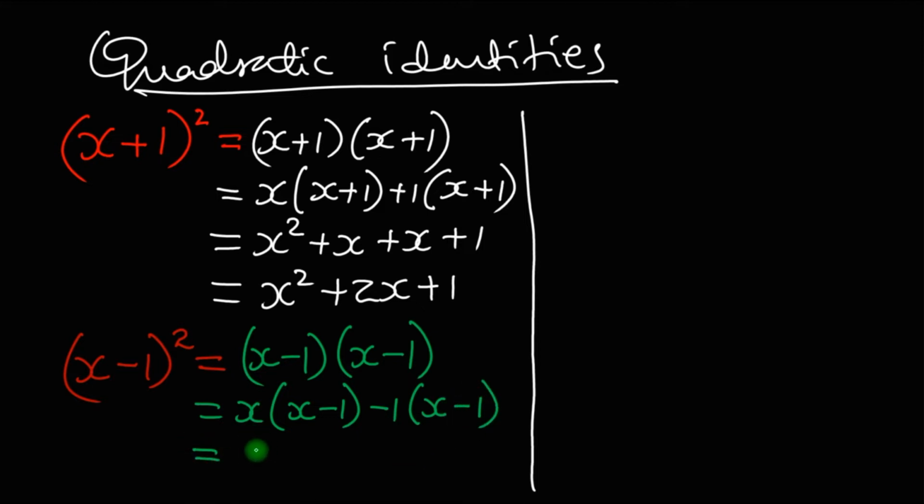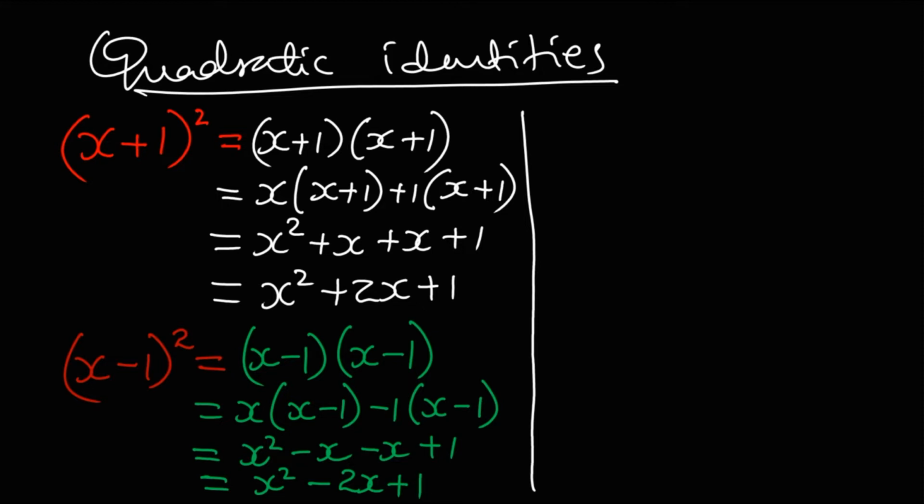So if we open the bracket, we get x squared minus x minus x plus 1, which we end up getting x squared minus 2x plus 1.